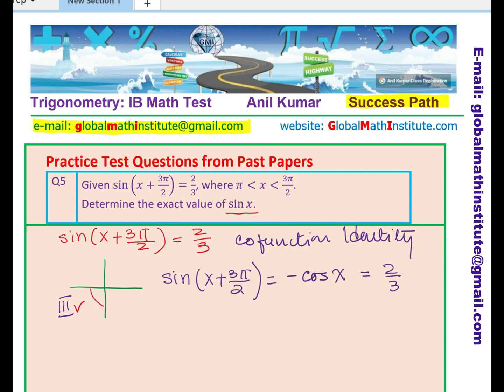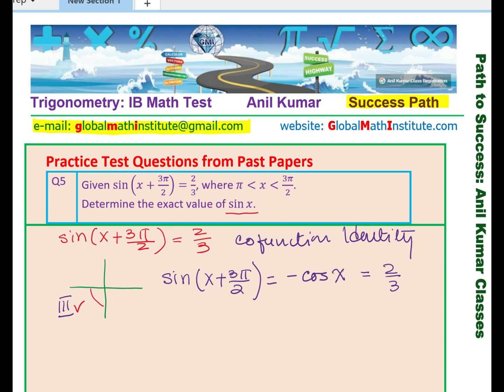And now from here, we can find what sine x is. You can adopt two methods. One, we know sine x is the square root of 1 minus cos square x, right? And we can take the negative value for the same.